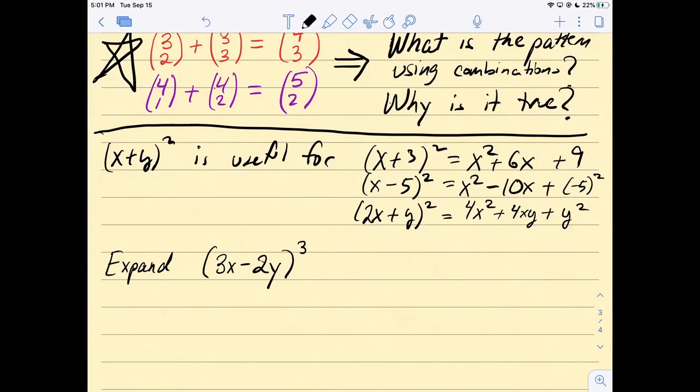This would be a little bit tedious to do all of it, so I'm just going to say find the term with y squared. So I'll give you guys a little bit of time to think about it. I haven't shown you how to do it, but hopefully you can think this through.